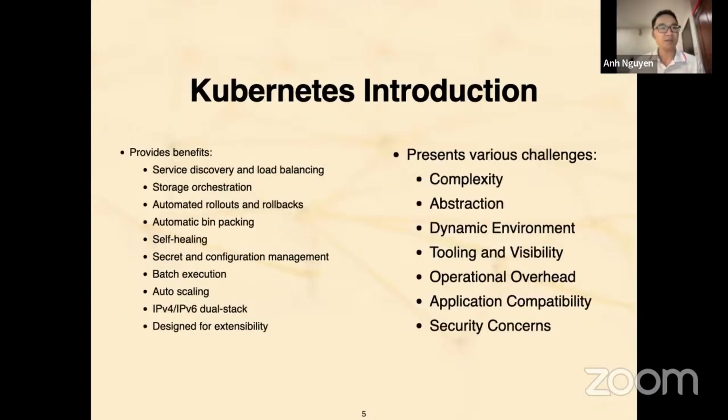Kubernetes provides features such as automating application deployment, self-healing, auto-scaling, service discovery, load balancing, and many other features that make deploying and managing applications easier and more efficient.